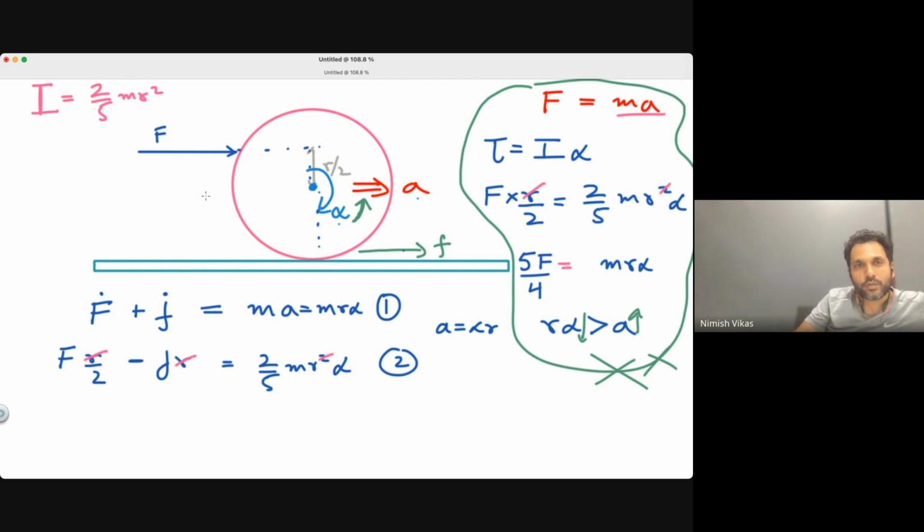Because my force was giving a torque which was giving a good alpha, and it was giving a forward acceleration. So my force was able to do a pretty decent job for pure rolling. It was just that my R alpha was a little off. So friction has come in, which acts doubly here and there. So very little friction is going to help me achieve pure rolling. That is like a sense of physics.